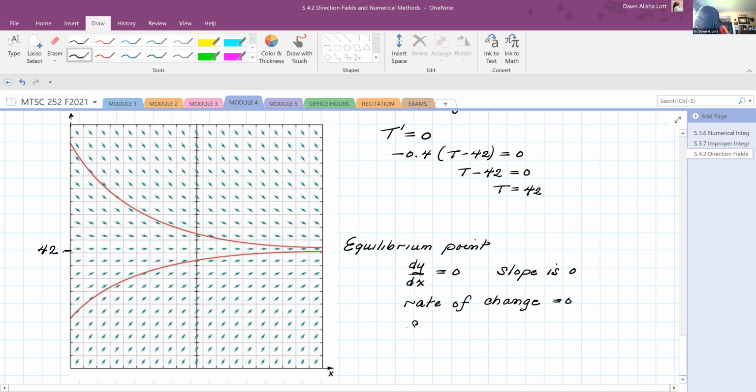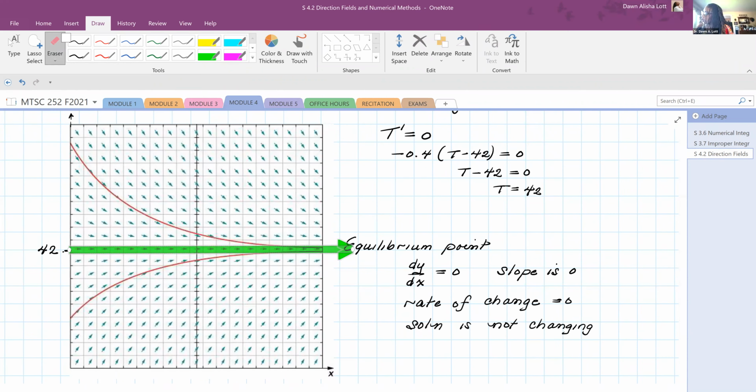So the solution is not changing. Along this line right here, the solution is always 42 because its rate of change is 0.